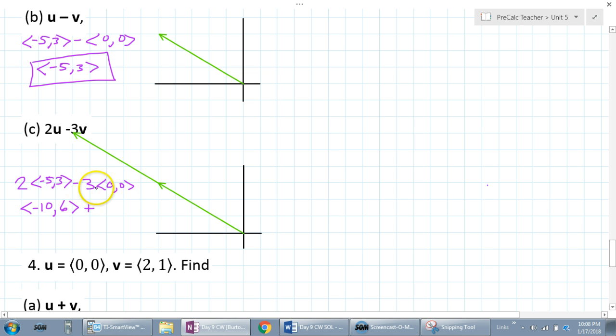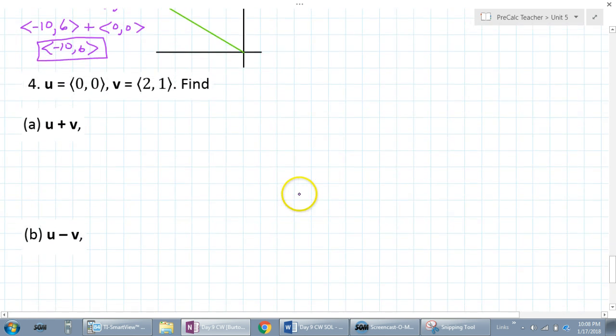Multiplying the second vector by negative 3, it's just going to be 0, 0, which is just going to leave me with negative 10, 6. So this should be 2u minus 3v, and it should be left 10 and up 6, which is exactly what we have.